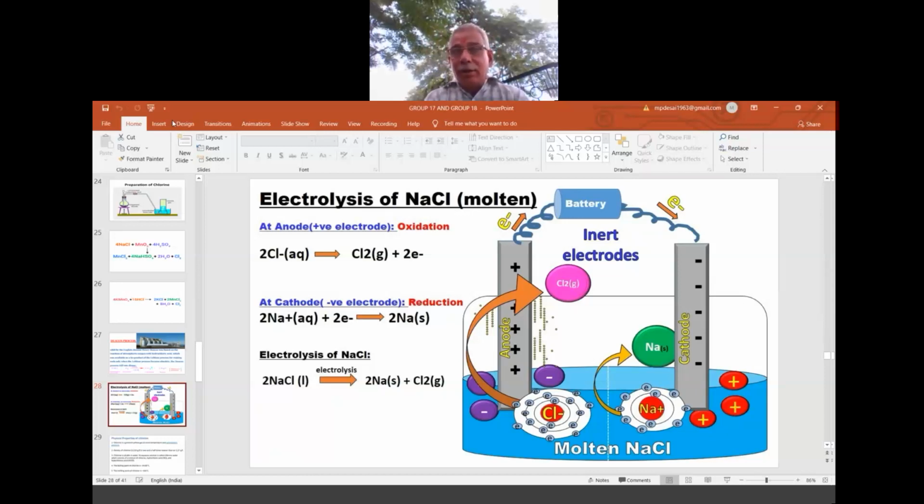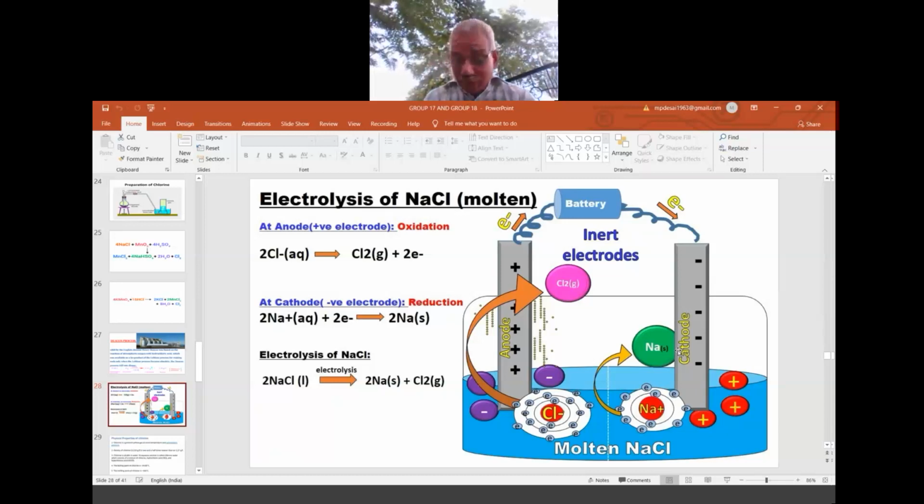Because Cl- is rich in electrons, it gives electrons, as the diagram shows. After giving the electron, Cl- becomes normal Cl, and many normal Cl atoms combine to become Cl2. The electrons are taken by the sodium, because sodium is in need. So once again this is a redox reaction, loss of electron and gain of electron.